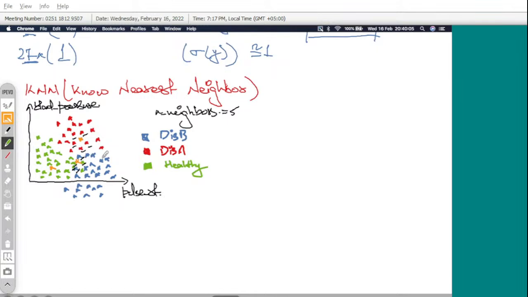Do we know the concept of input variables and the target variable? Yes, guys. Do we know the concept of predictors and the target variable?